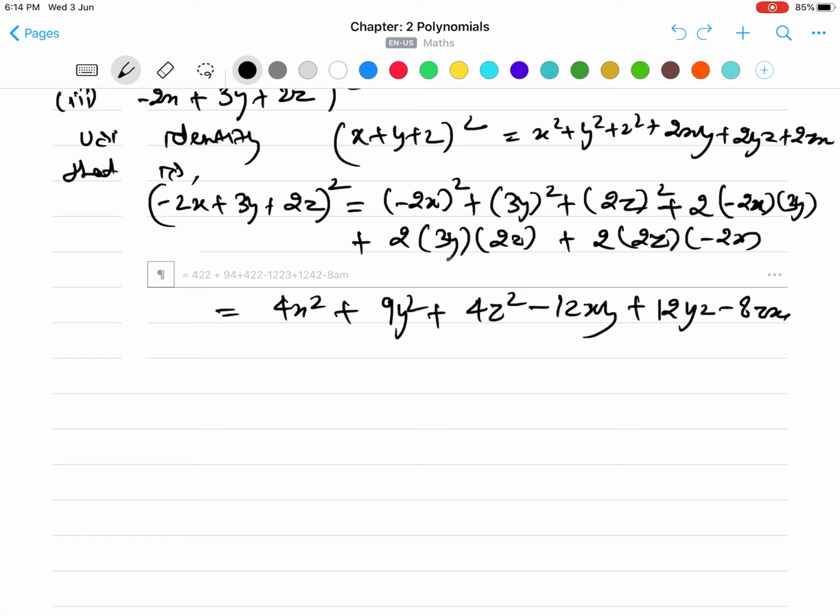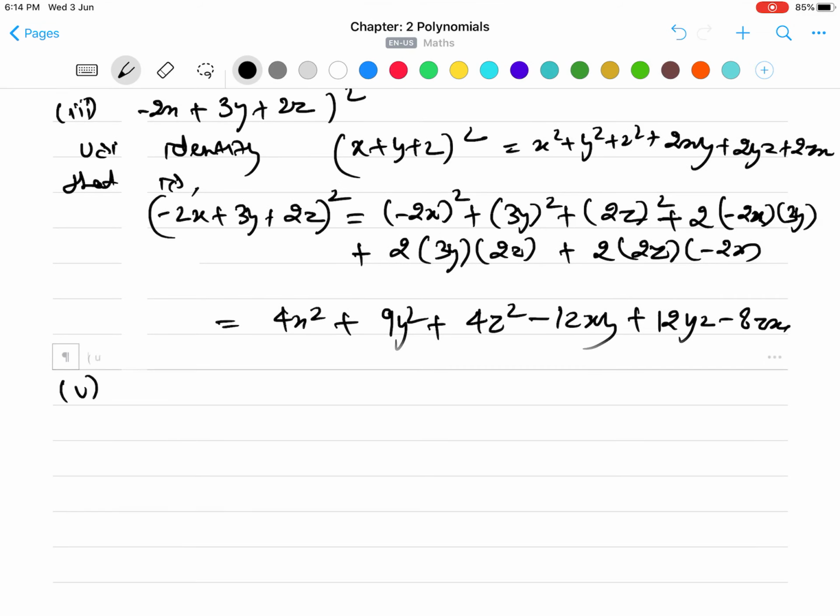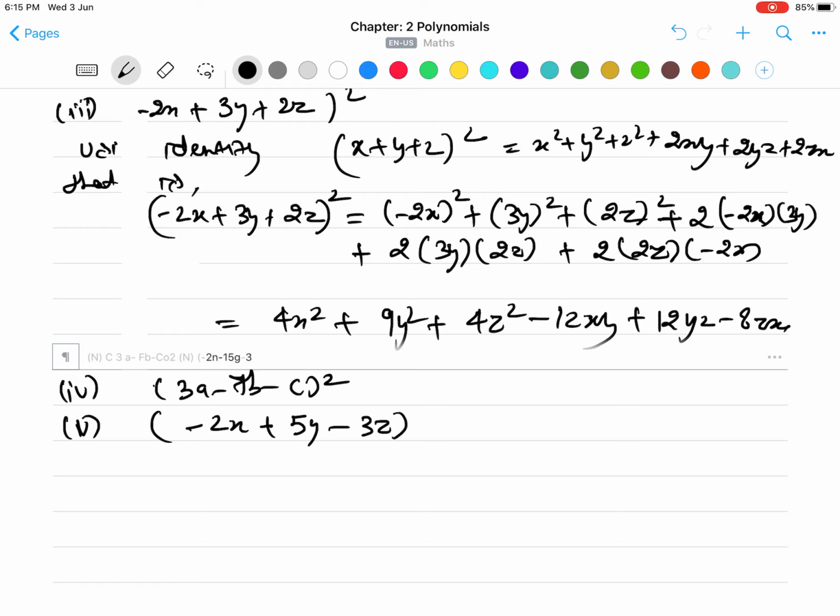Now I leave the fourth and the fifth part of this question, and I'll do the sixth part. The remaining two will be your homework. So part 4 and part 5 of question number 4 are your homework. That is (3a - 7b - c) square, and the fifth part is (-2 + 5y - 3z) whole square.